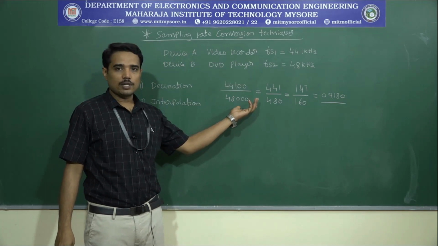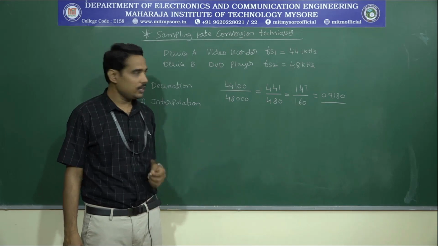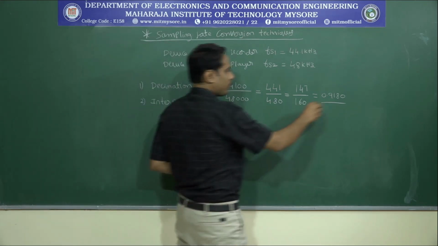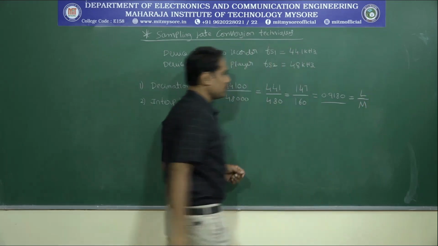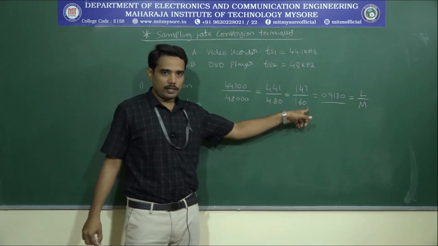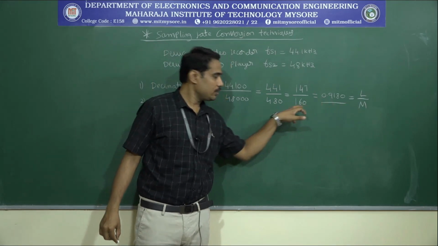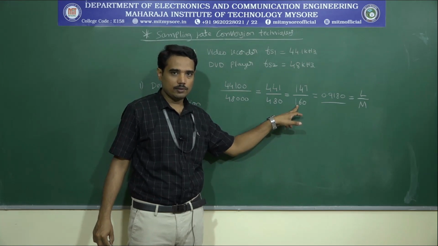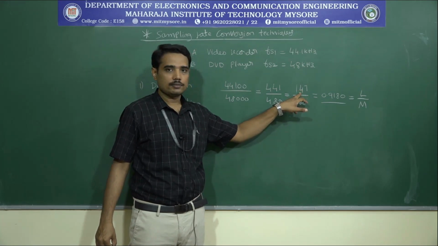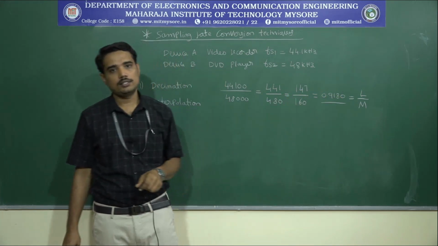What type of information are we going to get from this result? This result says that we have to decimate by a factor of M, that is given with a value of 160, and at the same time we have to interpolate by a factor of L with the value of 147.